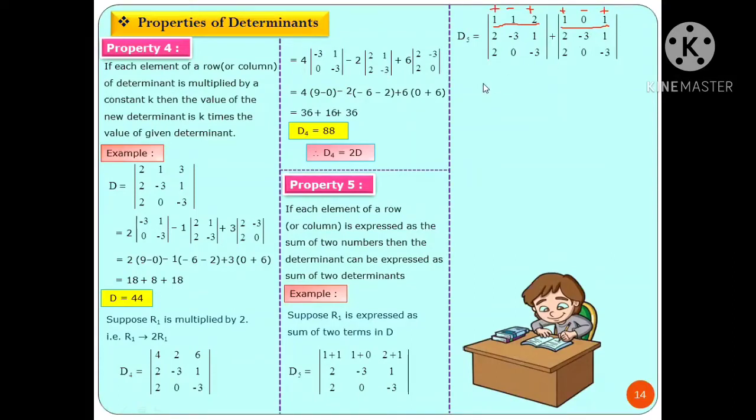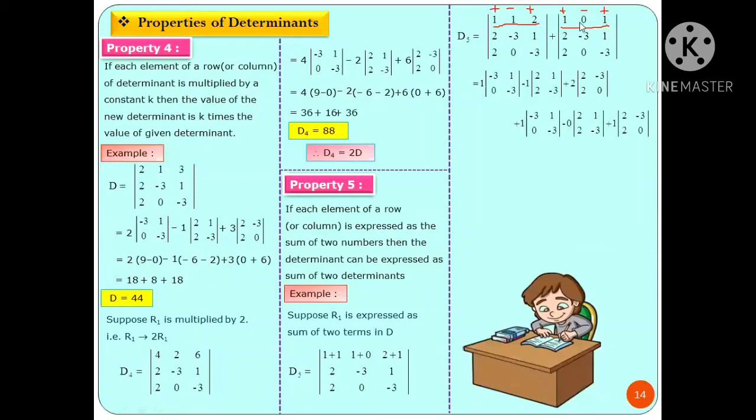First determinant value: 1 multiplied by the remaining elements minus 3, 1, 0, minus 3. You already know how to get a determinant. Second, minus 1 element: eliminate its row and column, remaining entries 2, 1, 2, minus 3. Plus 2 times the determinant of the remaining elements 2, minus 3, 2, 0. Next, plus, for the second determinant along the first row, element 1 into the determinant with minus 3, 1, 0, minus 3.